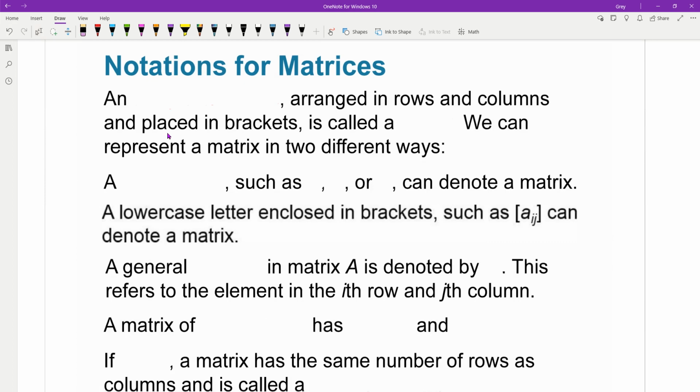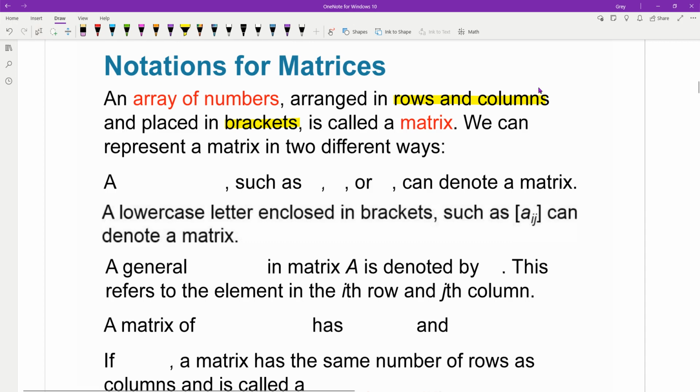Remember, a matrix is just an array of numbers. An array means that it has rows and columns. And it has brackets, y'all. If you don't put brackets around it, it's not a matrix. So when you show your work in your practice problems, you need to put brackets around your rows and columns.